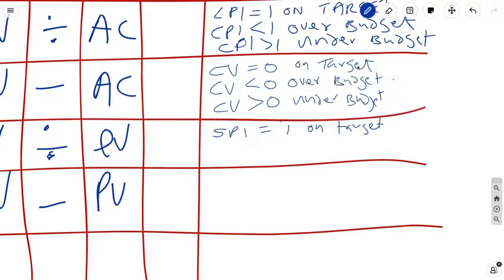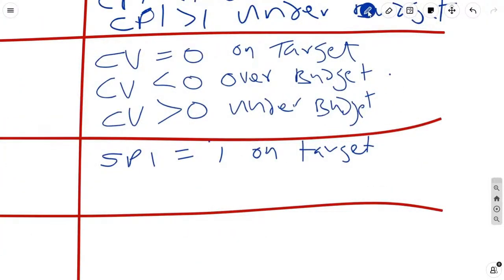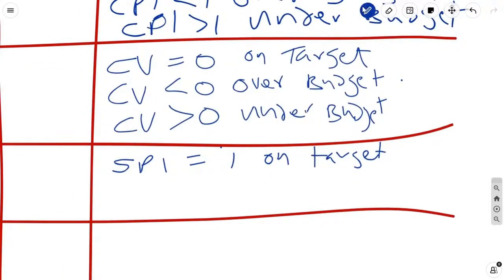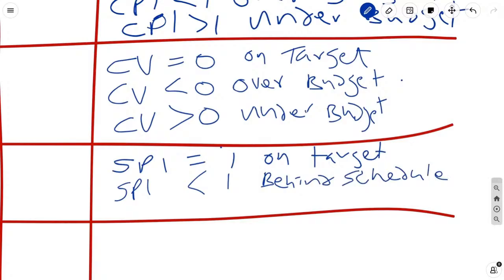If your SPI is less than 1, you are behind schedule. Don't make the mistake of confusing SPI and CPI. They are not interchangeable. Cost performance does not equate to schedule performance. Just remember that. And lastly, if SPI is greater than 1, that means you are ahead of schedule.